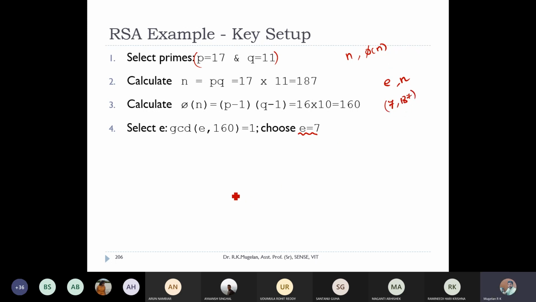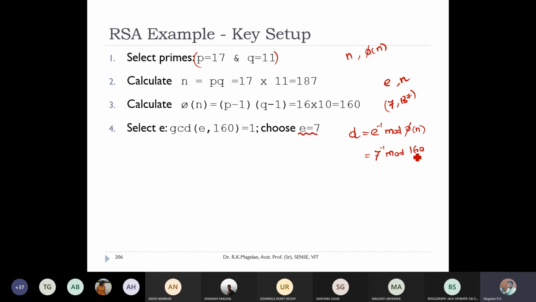Now I want you people to tell me the value of D. D is nothing but my E inverse mod phi of N. So here you have to find the multiplicative inverse, that is 7 inverse mod 160.